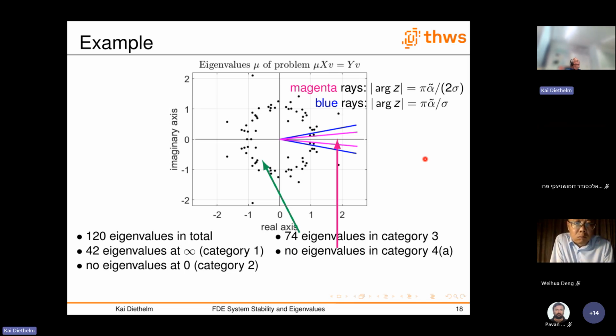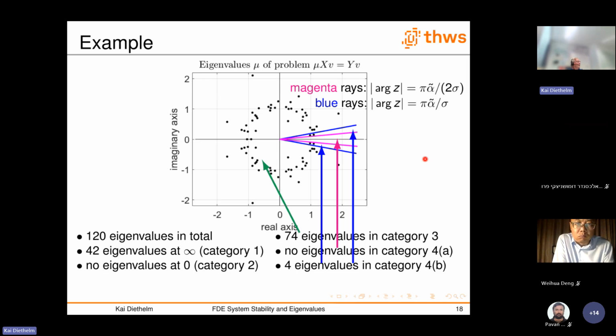In category 4a, that's where the eigenvalues which would indicate instability would be located. That is between those two magenta lines, and you can see there's nothing. And finally, there are 4 eigenvalues between blue and magenta, 2 in the upper half, 2 in the lower half. Of course, this is symmetric.